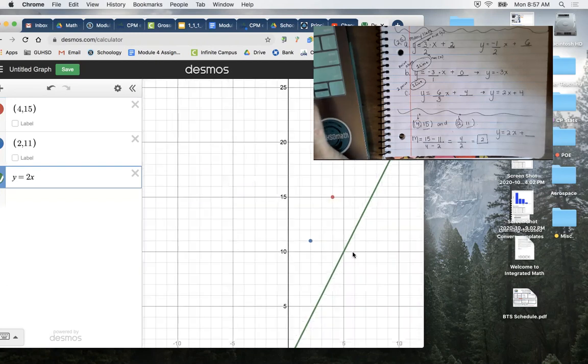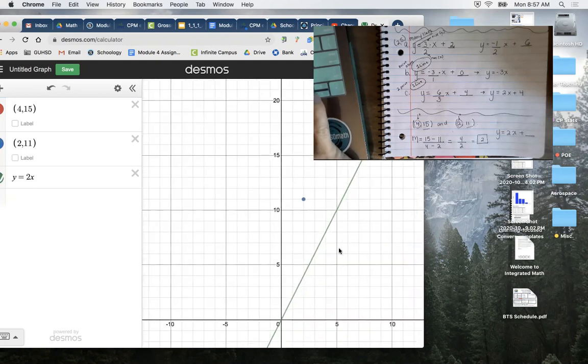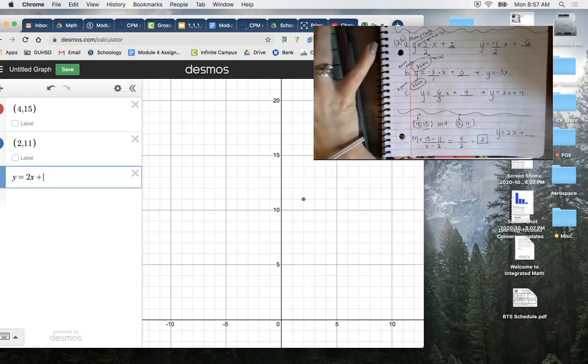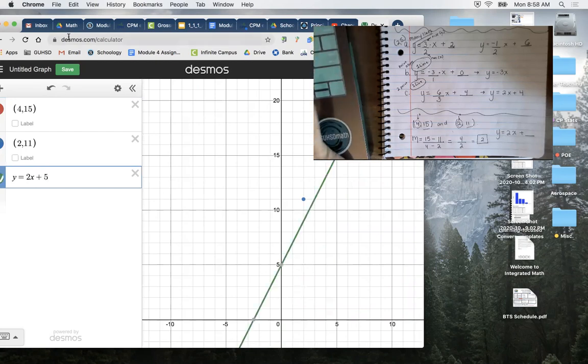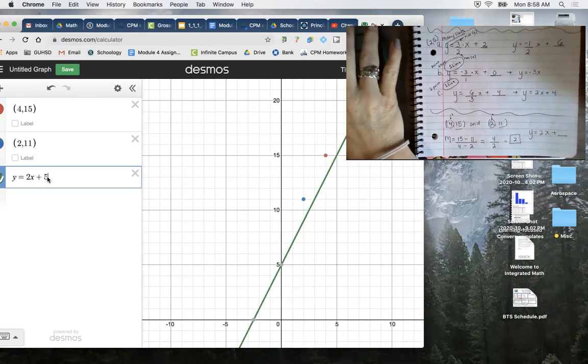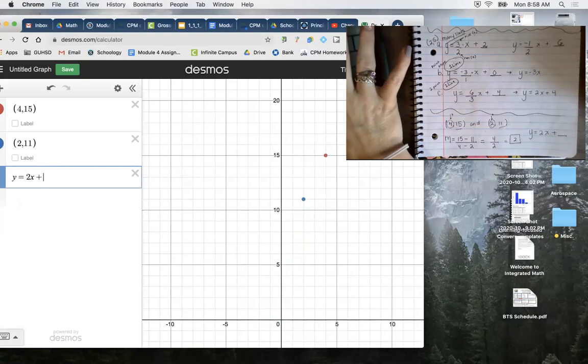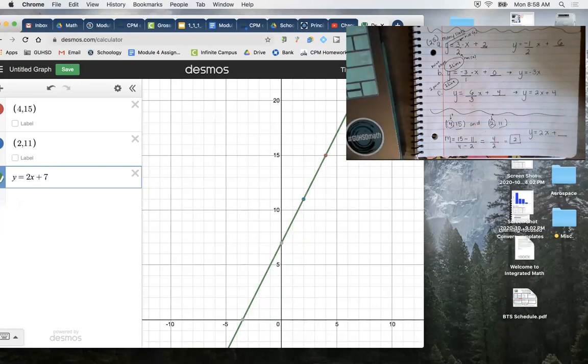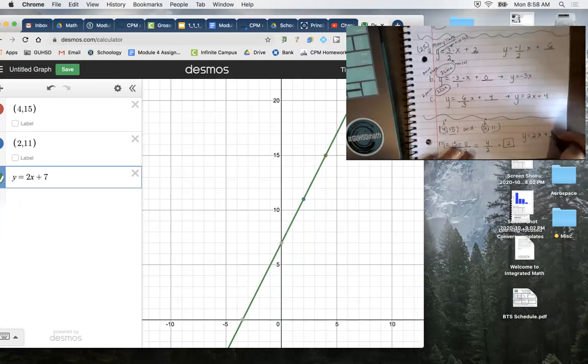My y-intercept is definitely not 0. It's going to be plus some number. Let's guess. Let's say it's plus 5. Nope, not quite there. It doesn't line up on my dots. So it's not 5. So let's do 2x plus 7. Oh, there it is. I guessed right. So my line is 2x plus 7.